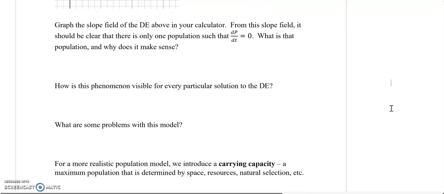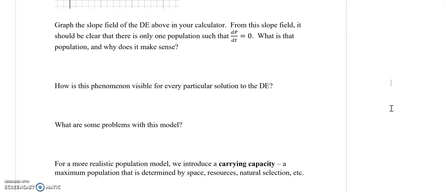And that's going to introduce a new concept called the carrying capacity. Okay, so there's going to be some sort of upper limit to how big our populations are going to be, and we can approach that upper limit, and it will be determined by a lot of different things. For example, how much space the population has to take up, how many resources there might be, like food and water and habitat, and also natural selection.